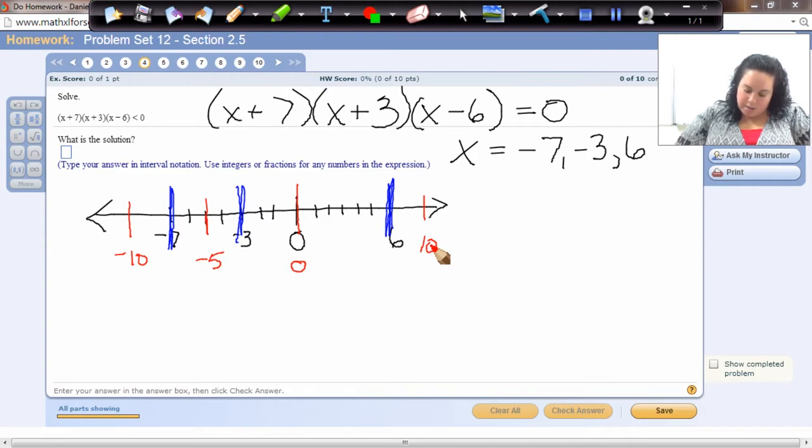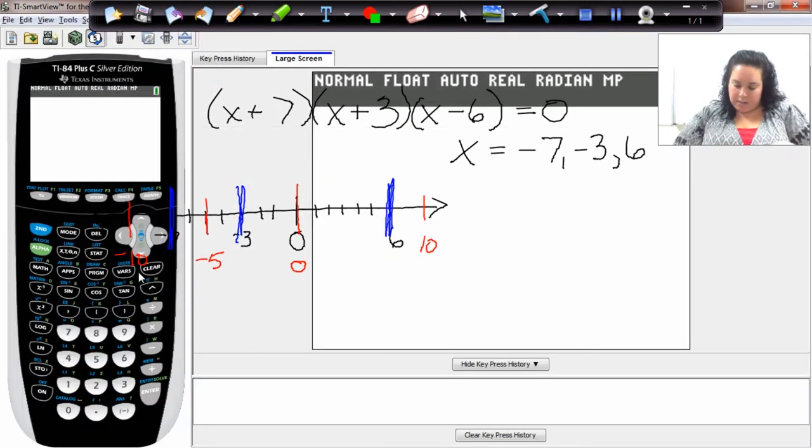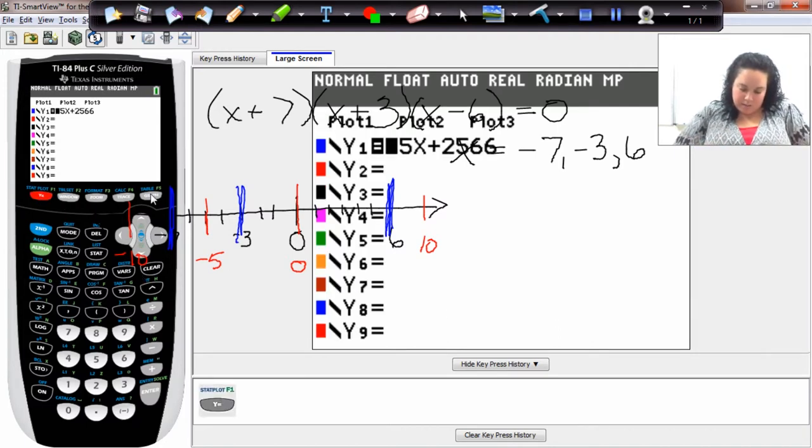I'm going to go ahead and do -10, and let's do that on the calculator. Sorry, let me see if I can get over to the calculator. Okay, it's going to be a little bit messy. I think the easiest way to do this is to go ahead and type in the equation.